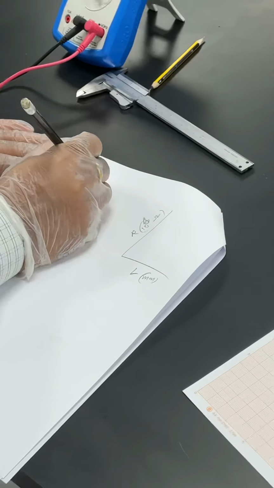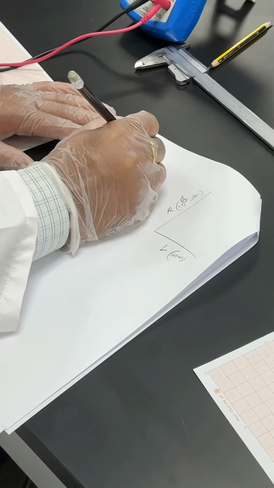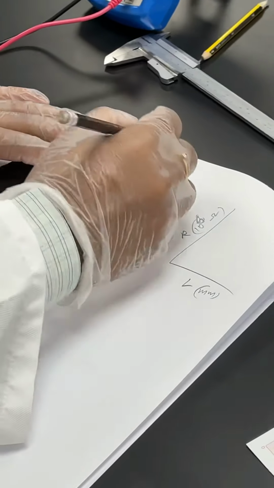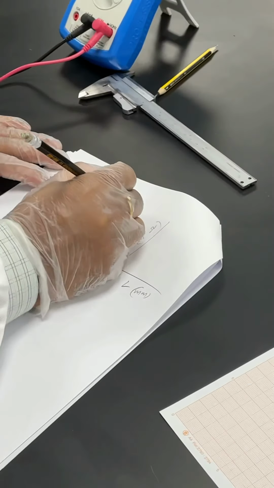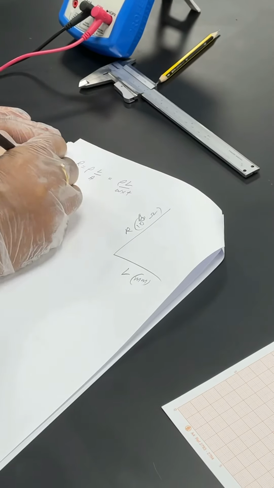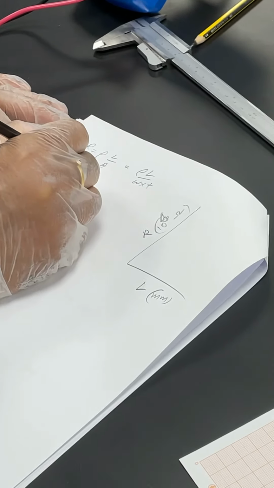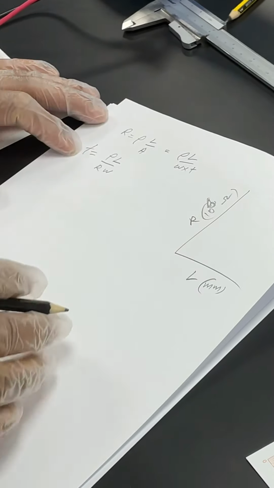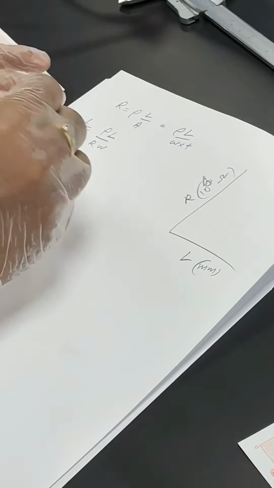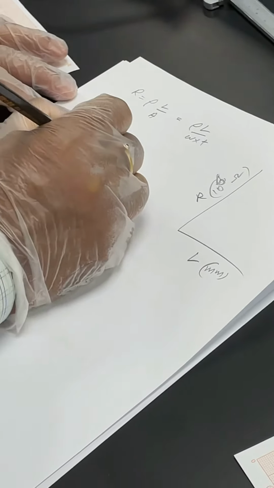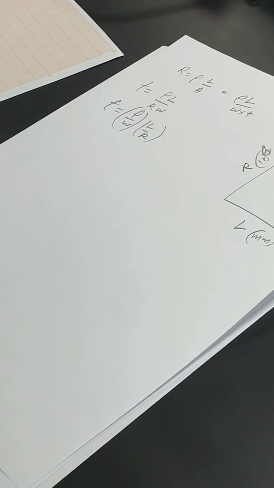This formula will be given: R = rho L by A. A is the area of cross section of the pencil line. R = rho L by W into T. I'm going to calculate T: T is equal to rho L by R W. Rearrange this: T = rho by W times L over R. Rho is the resistivity, I will give you directly.